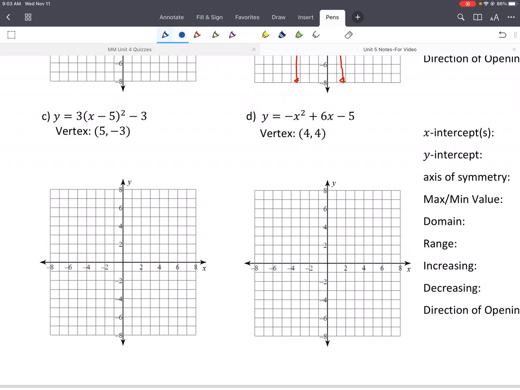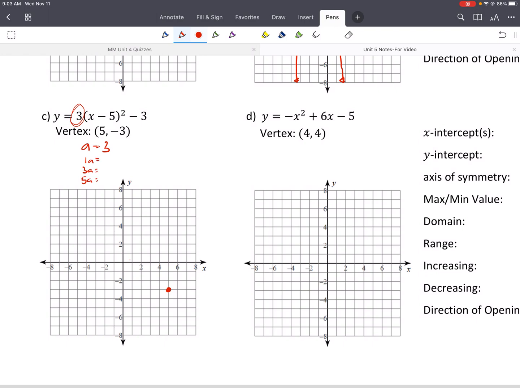All right, so if we gave this a try, the vertex here is 5, negative 3, so we go to 5 and negative 3, which is right here. And then we need to find our growth pattern. Here A is, again, always your leading coefficient, so A is 3. So we'd do 1A, 3A, 5A.